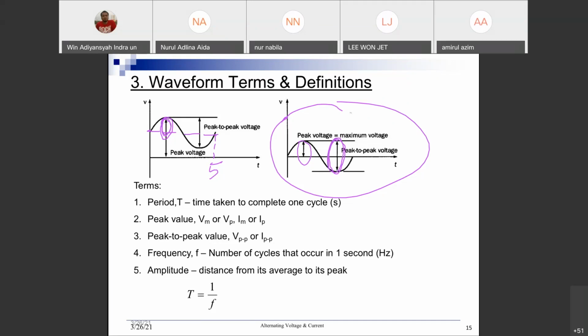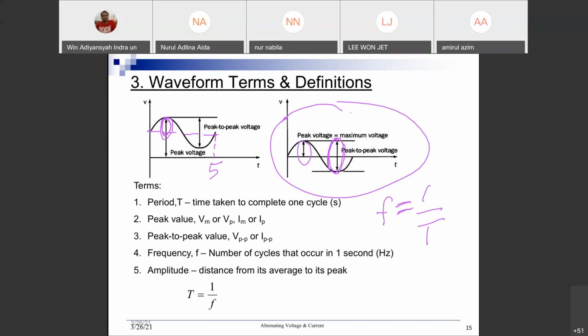Frequency is the number of cycles that occur in 1 second, so basically frequency is 1 over T. Amplitude is the distance from its average to its peak.